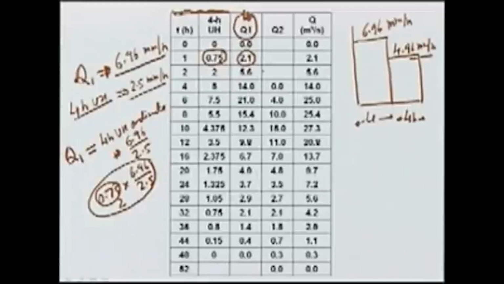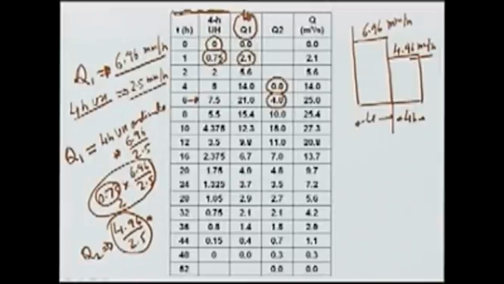So, now we have to multiply with the factor 4.96 upon 2.5. So, Q2 has a multiplying factor of 4.96 over 2.5, but it is also shifted because the rainfall is starting after 4 hours. So, we have to shift the ordinates by 4 hours. Whatever this 0 corresponds to this 0, at 6 hours the value which we get will correspond to 6 minus 4, which is 2 hours for the 4-hour unit hydrograph.